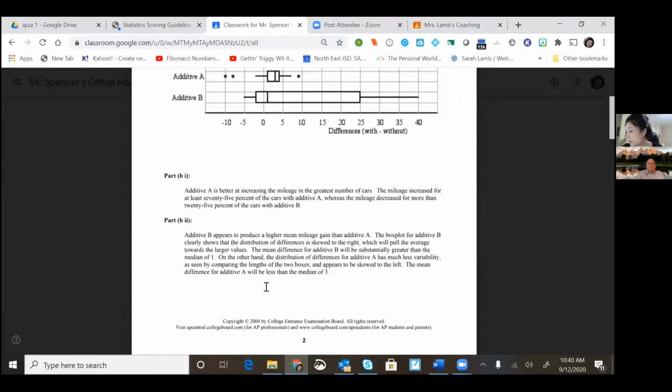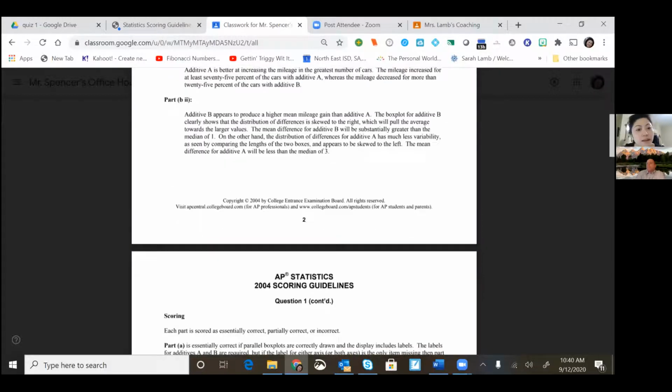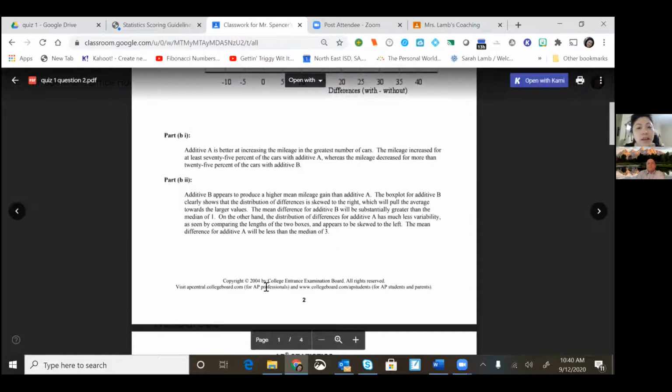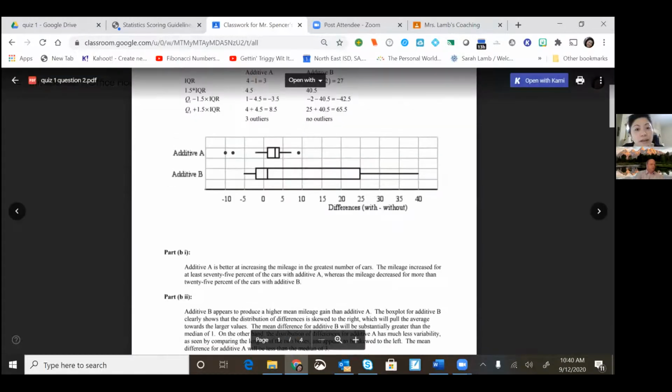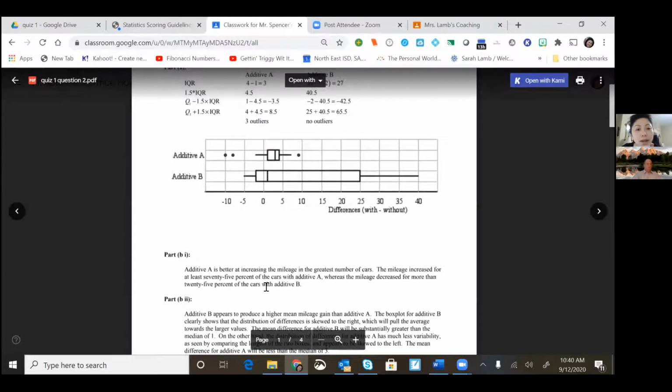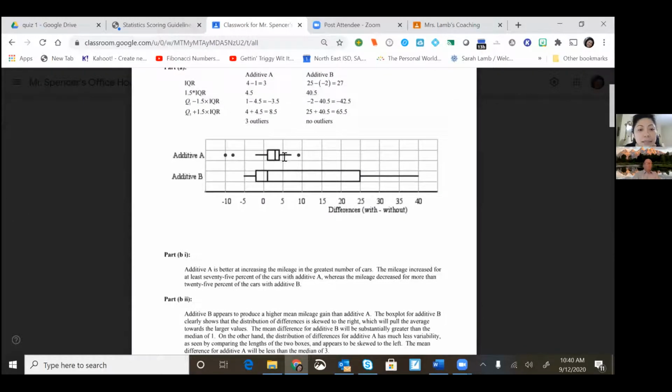For the next part, for B, when we start talking about which one is better for the greatest number of cars, you can't simply just say additive A. You have to justify it, and what the College Board was looking for was a direct statement, like Mr. Spencer was talking about.